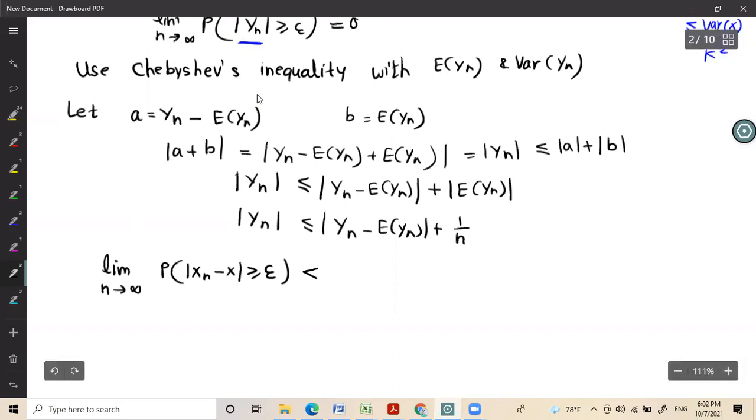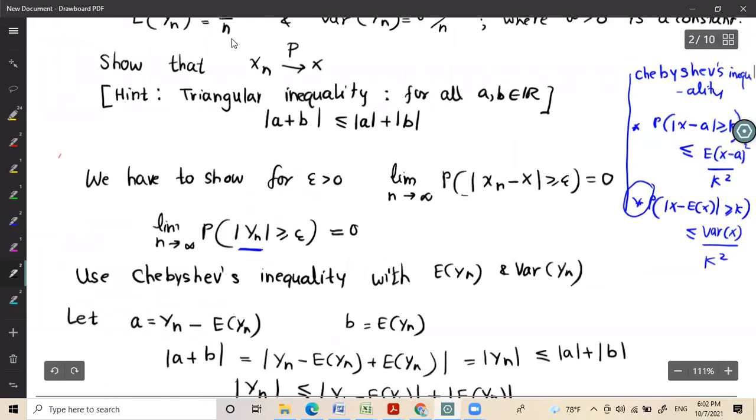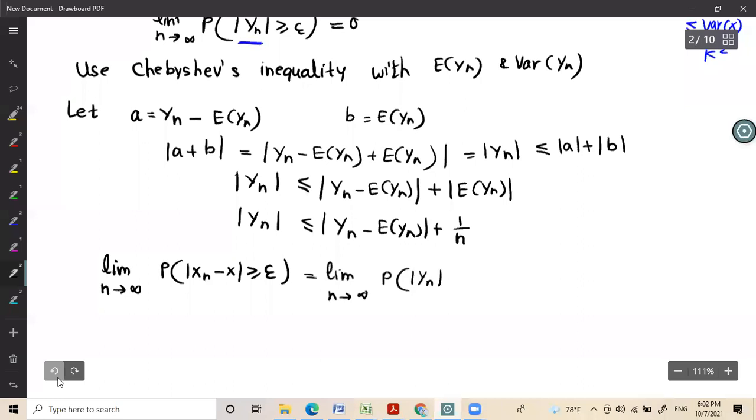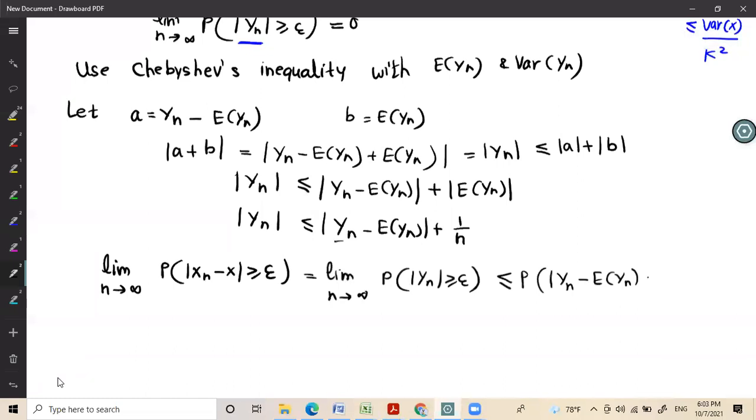This is the same as the limit as n goes to infinity of the probability that Yn is greater than or equal to epsilon, but we saw that this is less than or equal to the probability that |Yn minus E[Yn]| plus 1 over n is greater than or equal to epsilon.